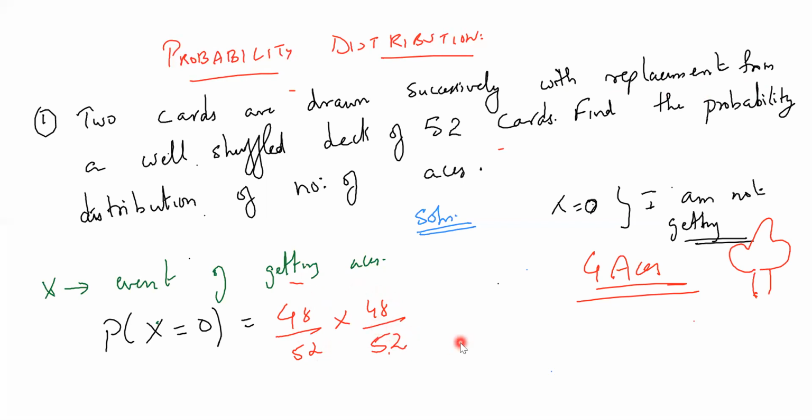So if I'm going to solve this, with respect to 4, 12 fours are 48, 13 fours are 52. So it is 12 square by 13 square, that is nothing but 144 by 169.